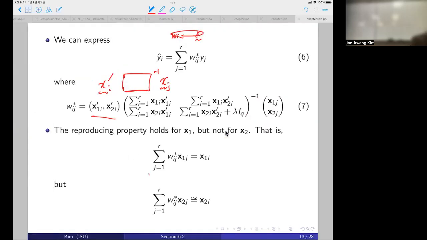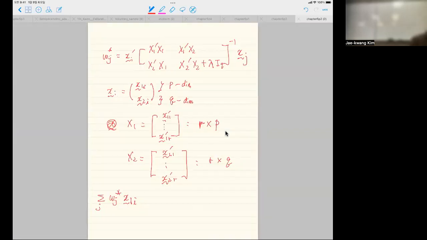So that is what we want to compute using this matrix. We want to do this matrix algebra.